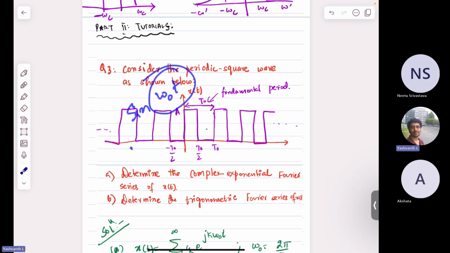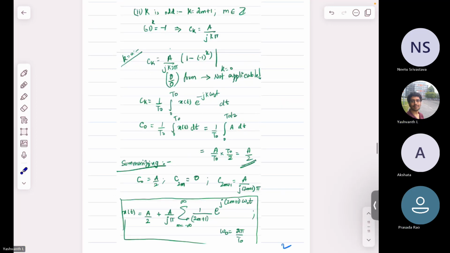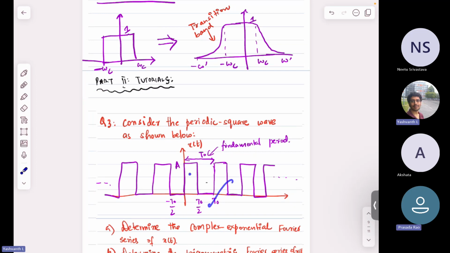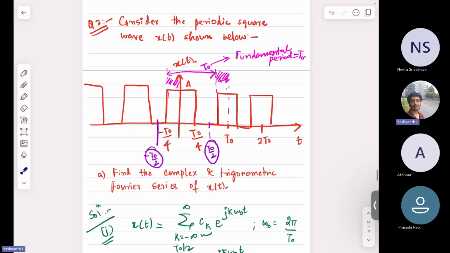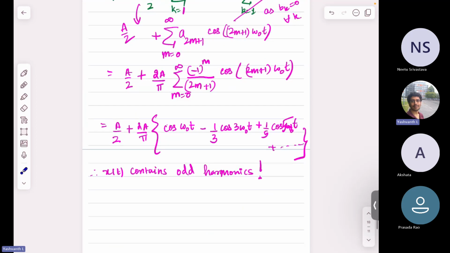If you recall the last class, this also had sine omega naught t, sine 3 omega naught t, sine 5 omega naught t, 7 omega naught t, and so on. But that was for the previous signal. Now if you time shift it and make it an even signal, then you have the same kind of trigonometric expansion, but in terms of cos, not sine.